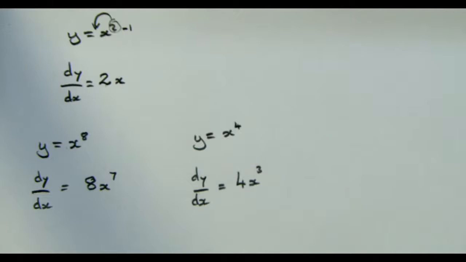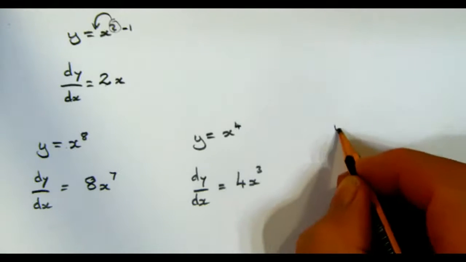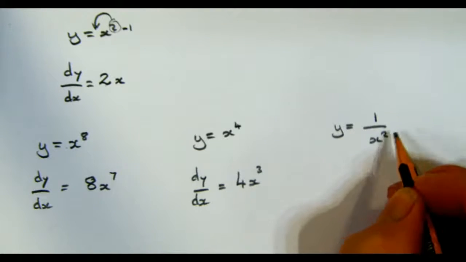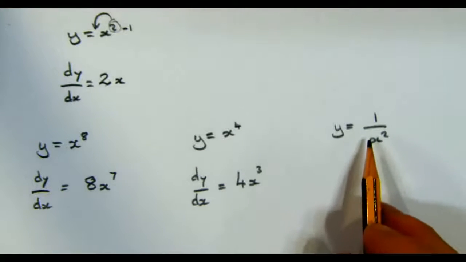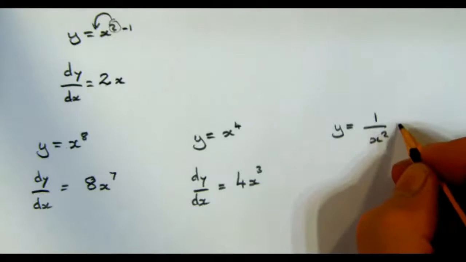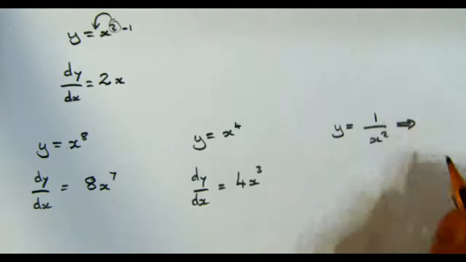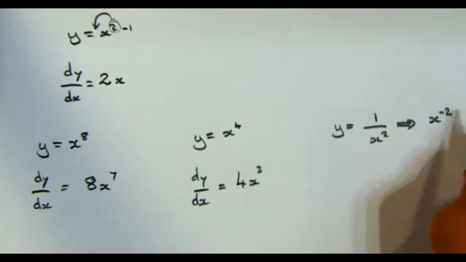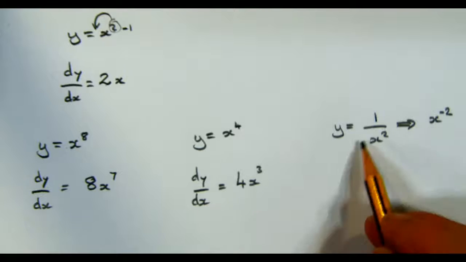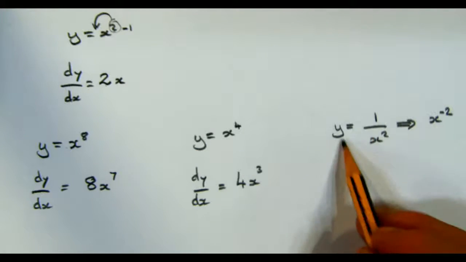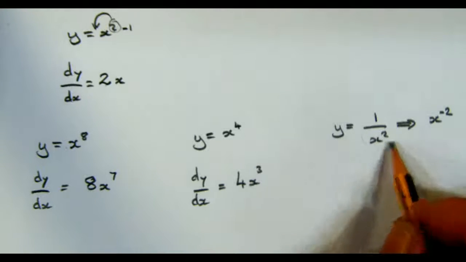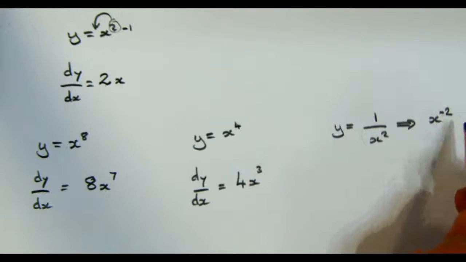We'll try one more. y equals 1 over x squared. Now, I'm not very clever, I can't differentiate that, so I'm going to change that into x to the minus 2, which is just another way of writing this. Later, we'll look at how to differentiate this in one go, but this is y equals x to the minus 2.